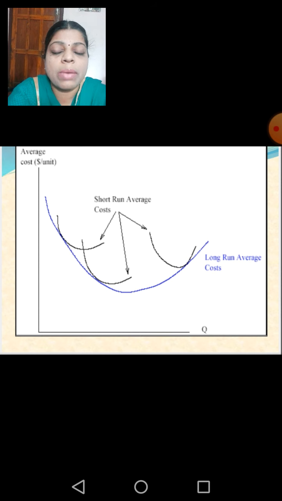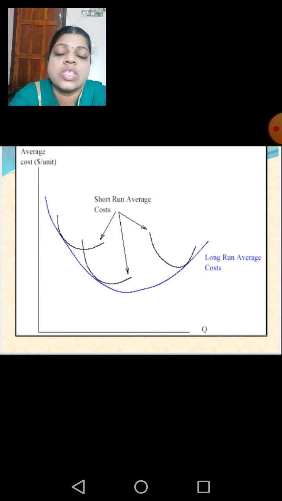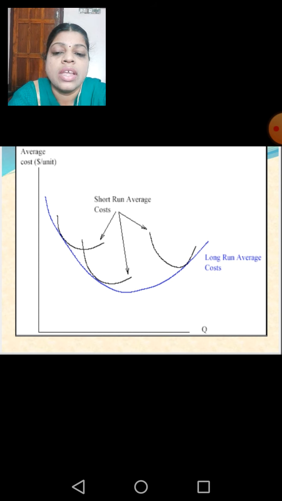So what about that fixed cost? It remains the same. So that's why the average cost, we can see at first, is small, in a diminishing manner only.